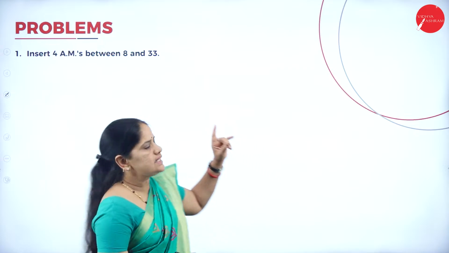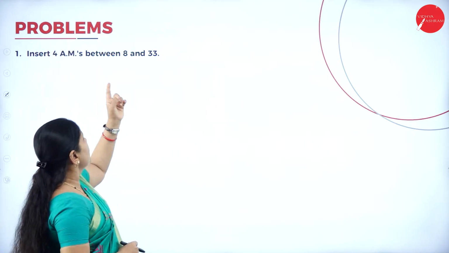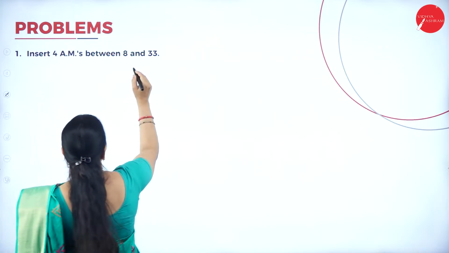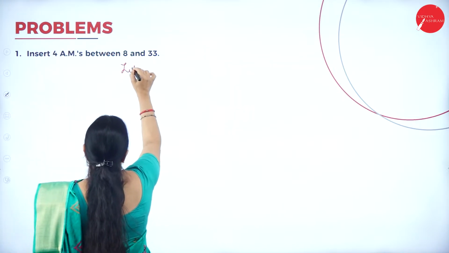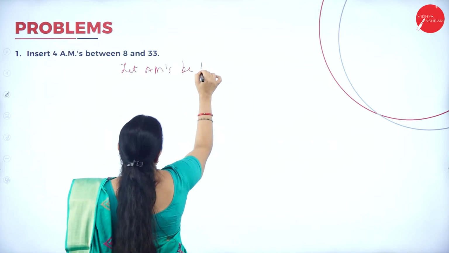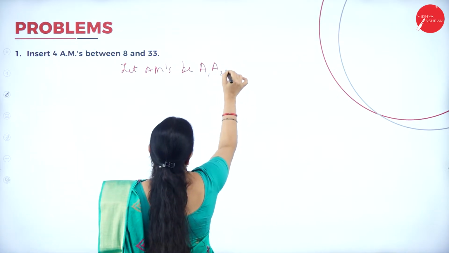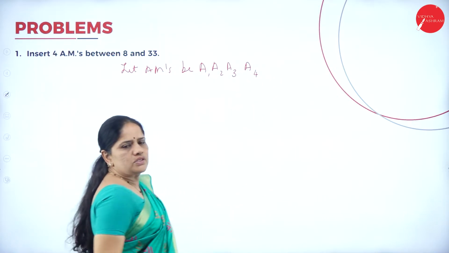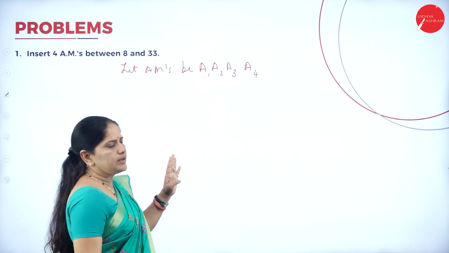Now let us consider this problem. Insert 4 arithmetic means between 8 and 33. So let the arithmetic means be A1, A2, A3 and A4. They have asked for 4 arithmetic means.